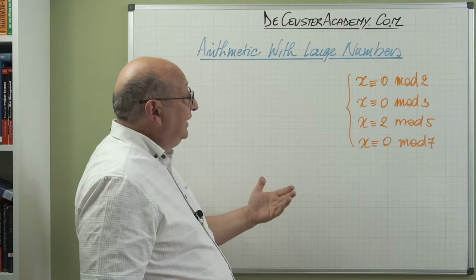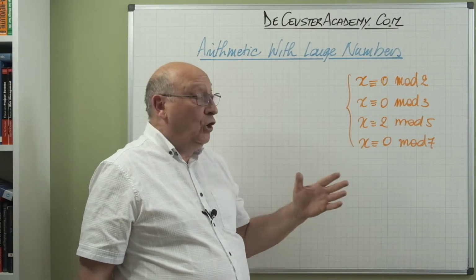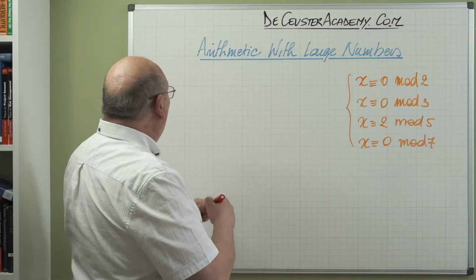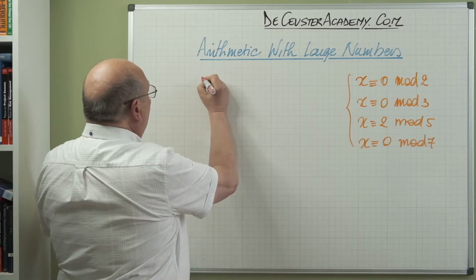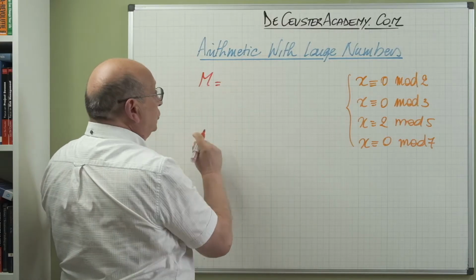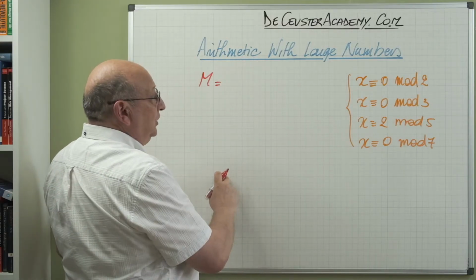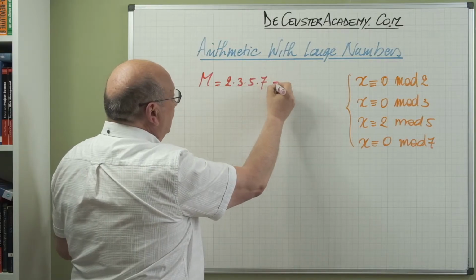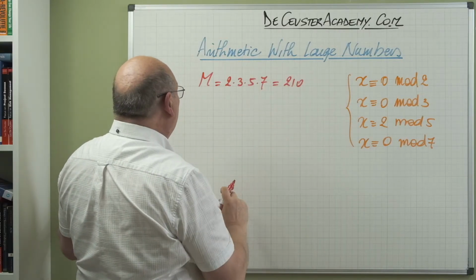So we know that there is one unique solution for this system of linear congruences. What we have to do is calculate the modulus of the solution, which is 2 times 3 times 5 times 7, which is equal to 210.